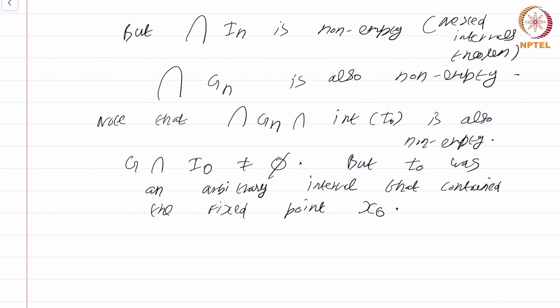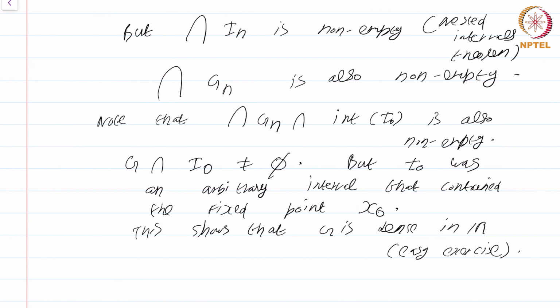So this shows that G is dense in R. Okay, I have done most of the work. Just concluding that G is dense in R is an easy exercise. Okay, so this concludes the proof of the Baire category theorem.